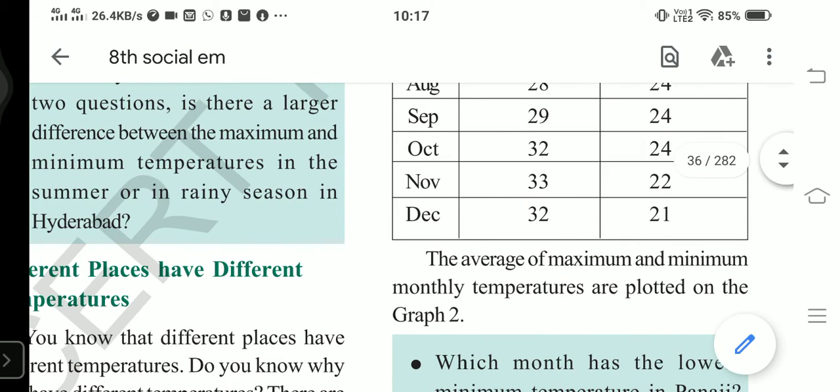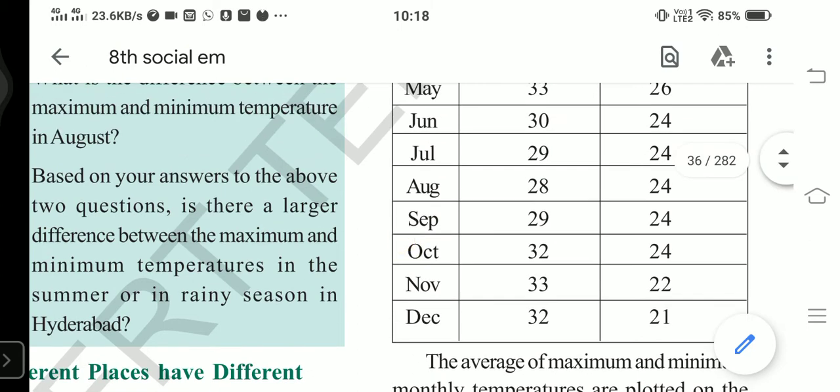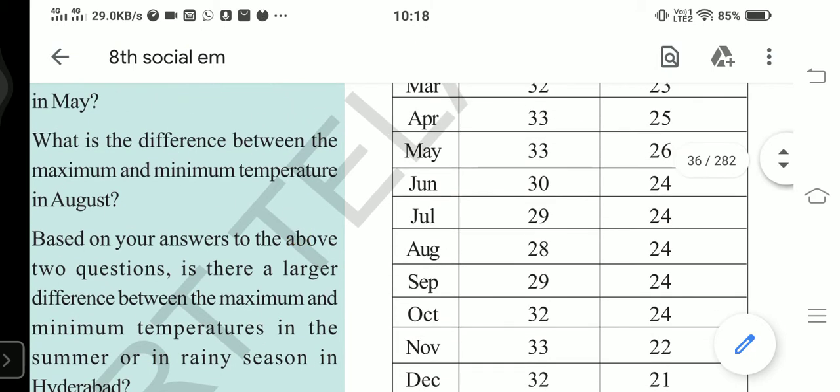Minimum variations we find in the places which are near to the sea, right? So why are there moderate temperatures near the sea, and why is the temperature high in the places which are far from the sea? There is a factor in that.